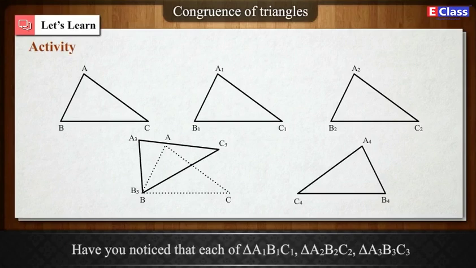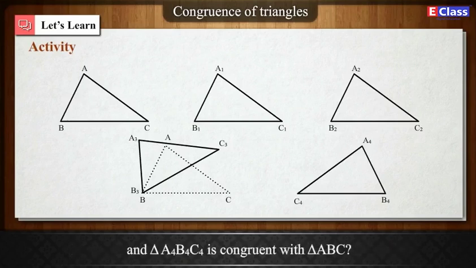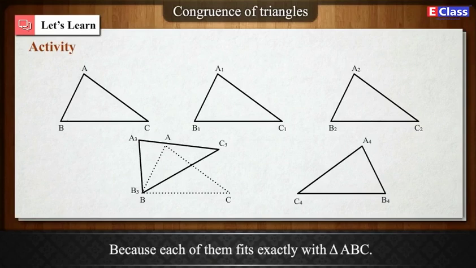Have you noticed that each of triangle A1, B1, C1, triangle A2, B2, C2, triangle A3, B3, C3, and triangle A4, B4, C4 is congruent with triangle ABC, because each of them fits exactly with triangle ABC.